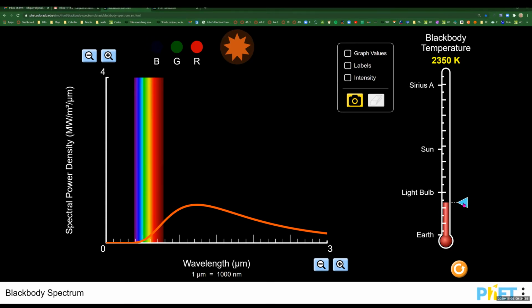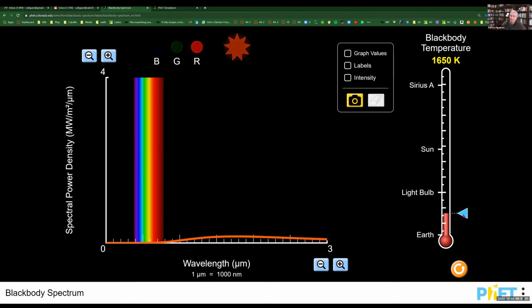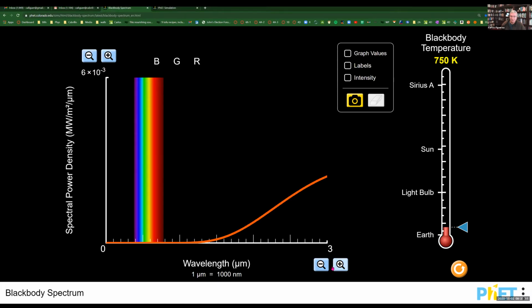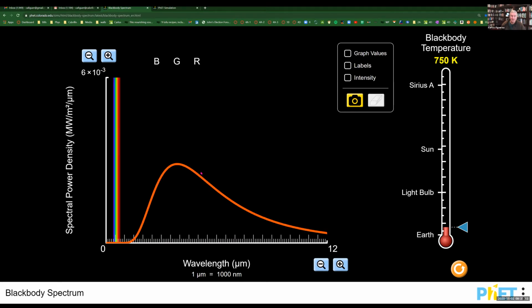So if you're looking at a hot plate, you've got to bring this way down, where you can't even see the curve. But if I start to increase this, you can see that the curve is way out of here. It's literally peaking in the infrared, and you're not seeing anything.